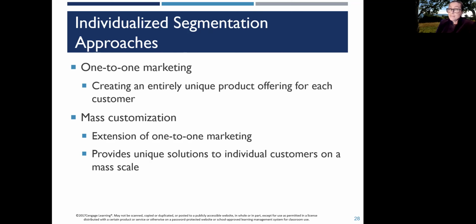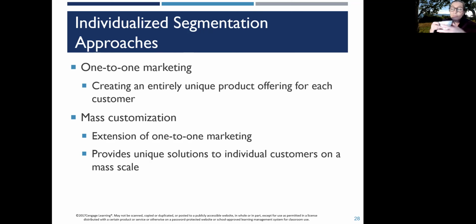Now, where does that happen in the contemporary marketplace? Well, think of an architect designing the house specifically for the steeply sloping land that you've just purchased out in Colorado, right? So one-to-one marketing.